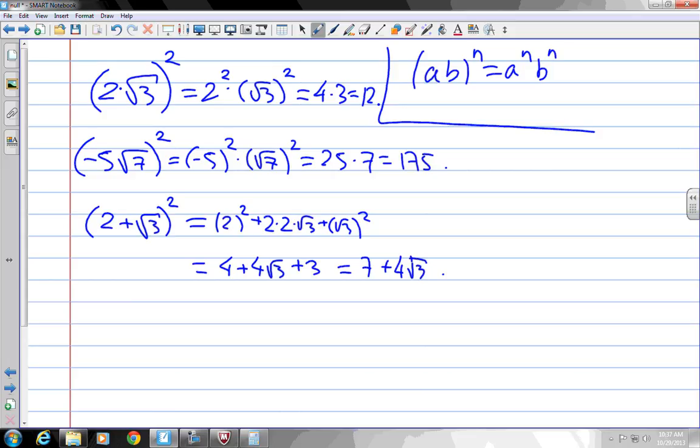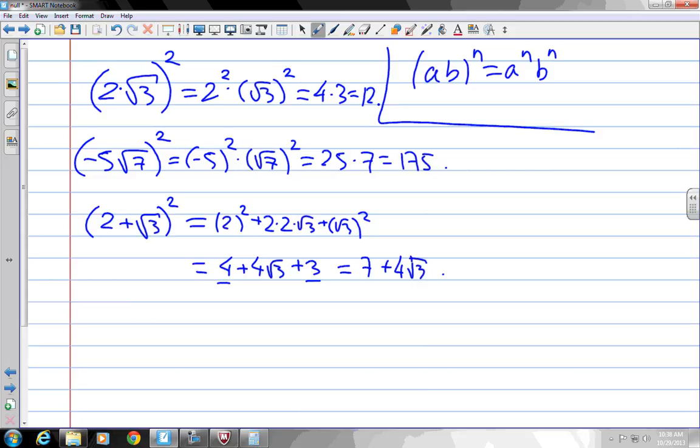I can combine 4 and 3 into 7, and 4 square roots of 3 is 4 square roots of 3. Nothing else I can do about it. I don't care what it is in decimals. That's my answer. Just leave it like that.